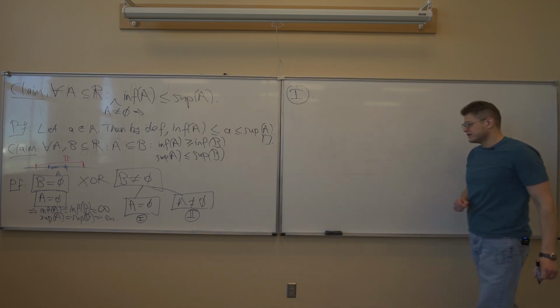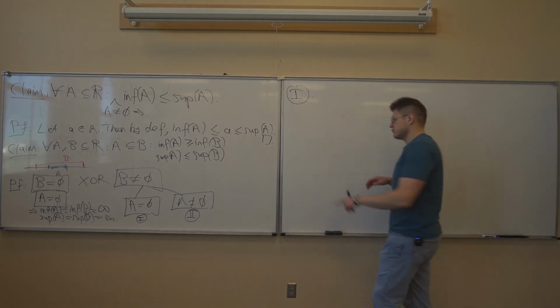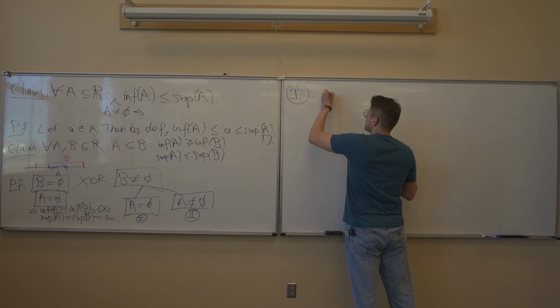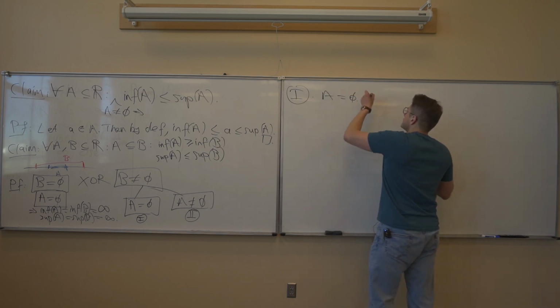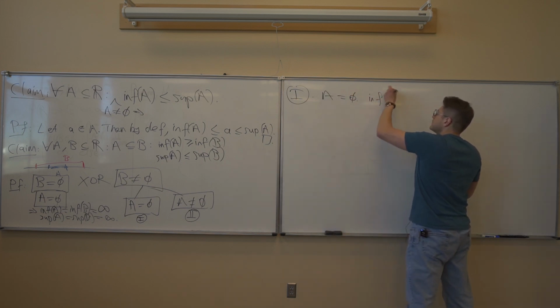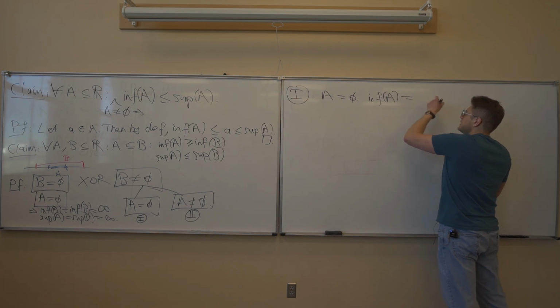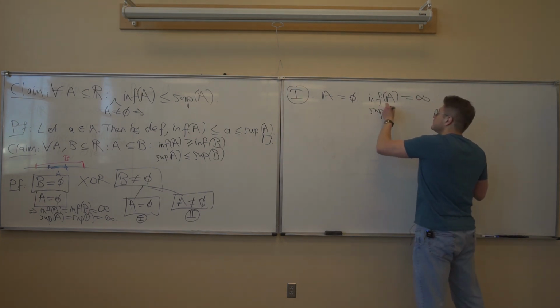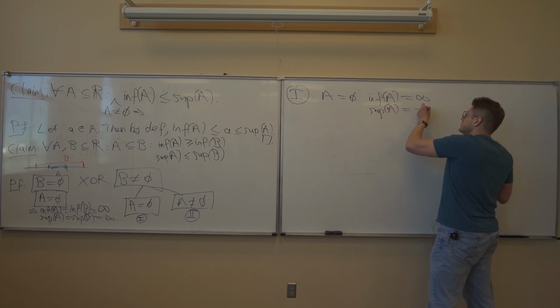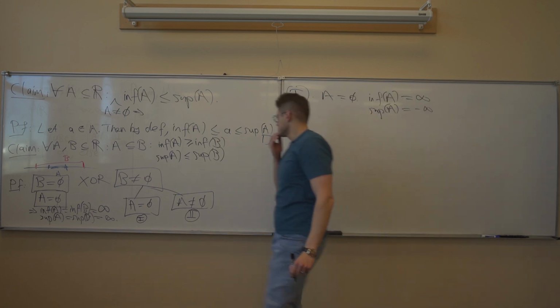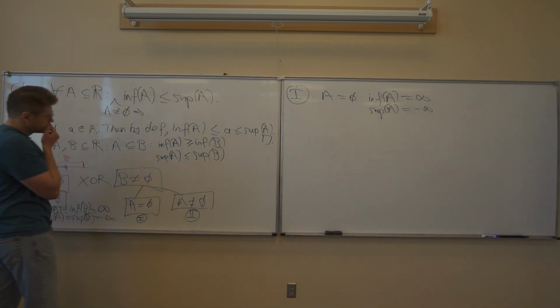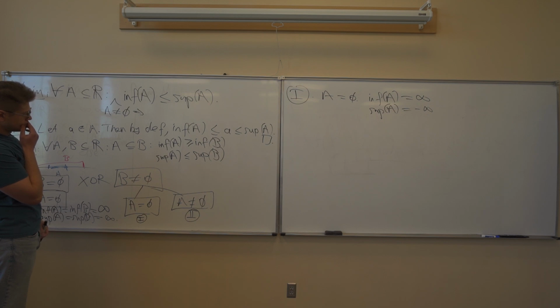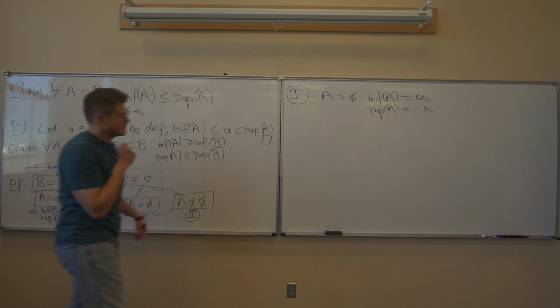In case number 1, A is empty, B is not empty. Because A is empty, I have that inf of A is positive infinity. Sup of A is negative infinity. Okay, that's fine.